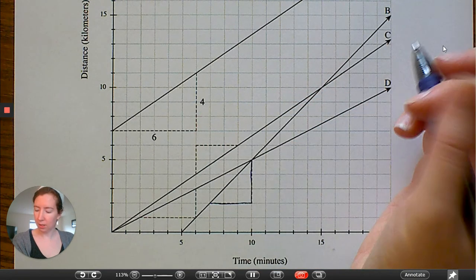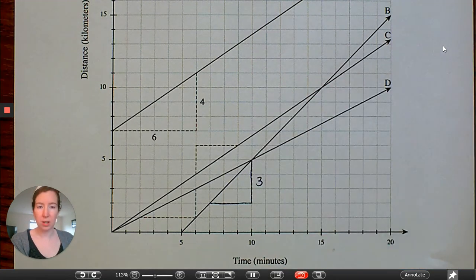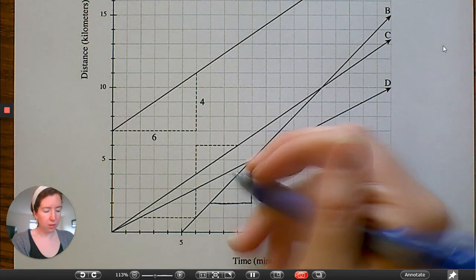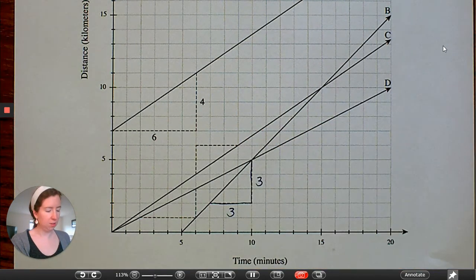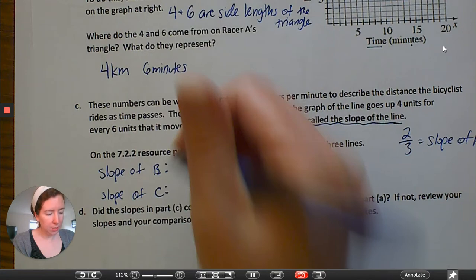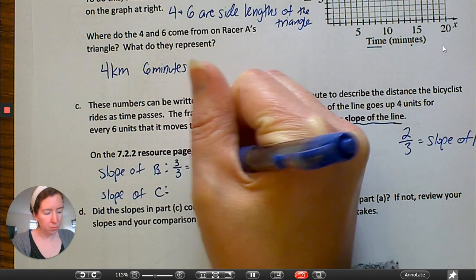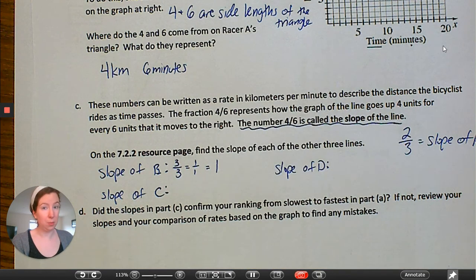And that one is, let's see, 1, 2, 3. So you write in a little 3 to show that that vertical length is 3. And then 1, 2, 3, the horizontal length is 3. So that one's pretty easy. To write my slope for line B, it's going to be 3/3, which reduces to 1/1. And that you can just say 1.